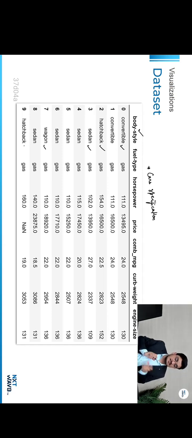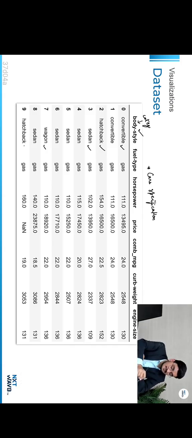Now, just try to guess what kind of data this body style will represent. If you have guessed categorical data, it is correct. Categorical or qualitative data. And to be precise, it will represent nominal data. Why?